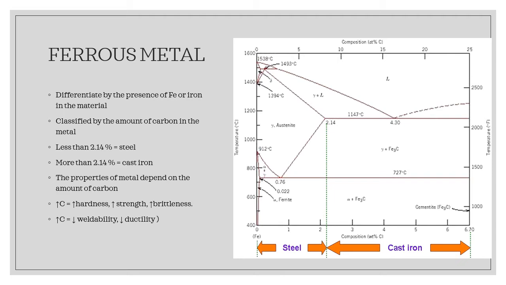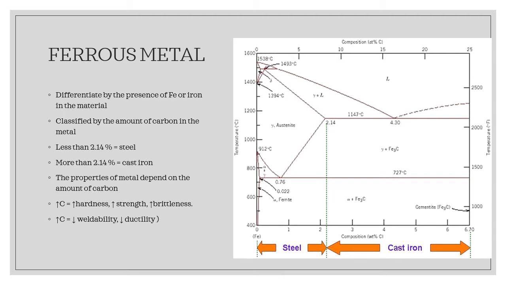Ferrous metal is differentiated by the presence of ferrum or iron inside the material. It is classified by the amount of carbon in the metal. As you can see in the phase diagram, if the carbon is less than 2.14%, it belongs to the steel family, while if it is more than 2.14%, it belongs to the cast iron family.